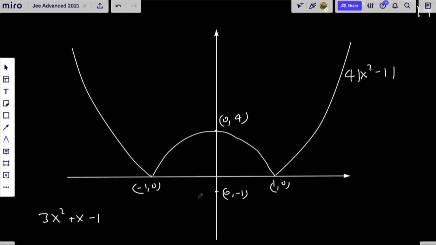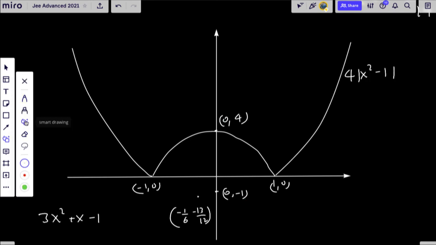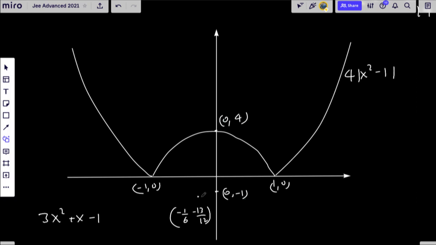So its minimum point is, using minus b by 2a, minus 1 by 6, and minus delta upon 4a, that is minus 13 by 12. You can evaluate over here. And then we will go for this drawing like this way. So the graph cuts like this way.